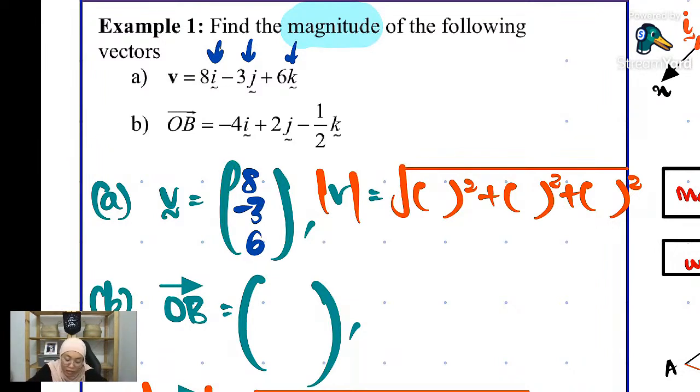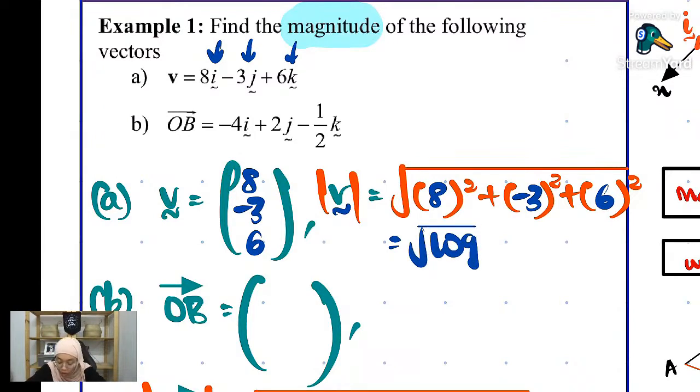Magnitude means the modulus of the V vector. Forgot to put it down here, the curly wave there. Okay, so the formula is very easy. It is just the square root of 8 squared plus negative 3 squared plus 6 squared. And then you use the calculator and you will get the answer of square root 109.